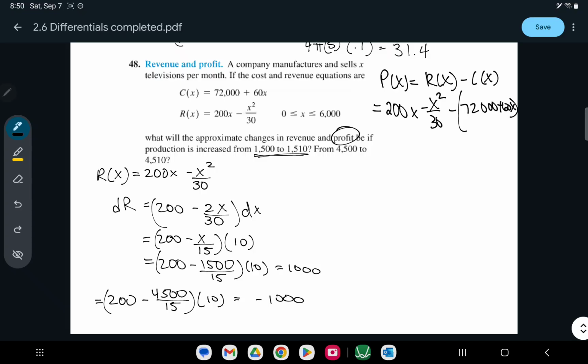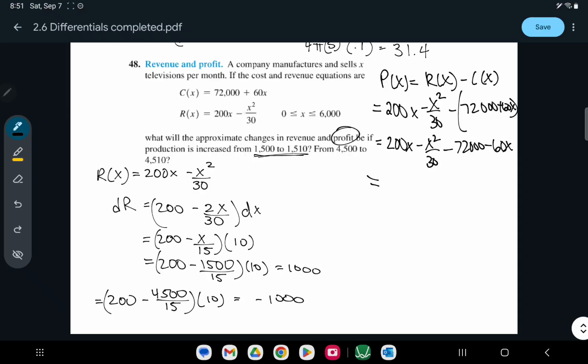But I'm really subtracting everything over. So I get 200x minus x squared over 30, minus 72,000, minus 60x.